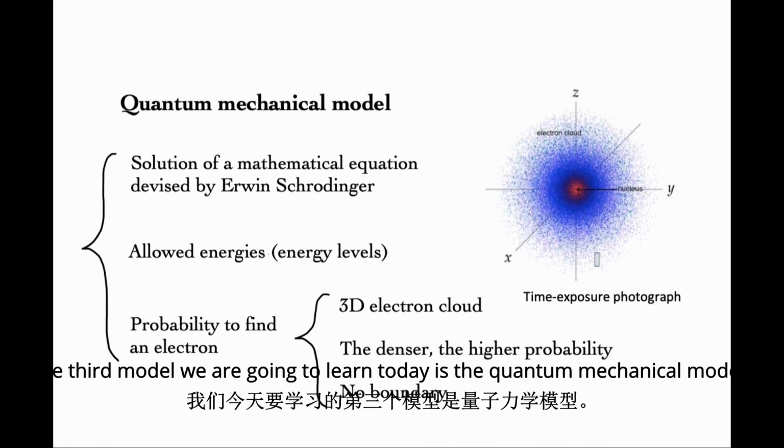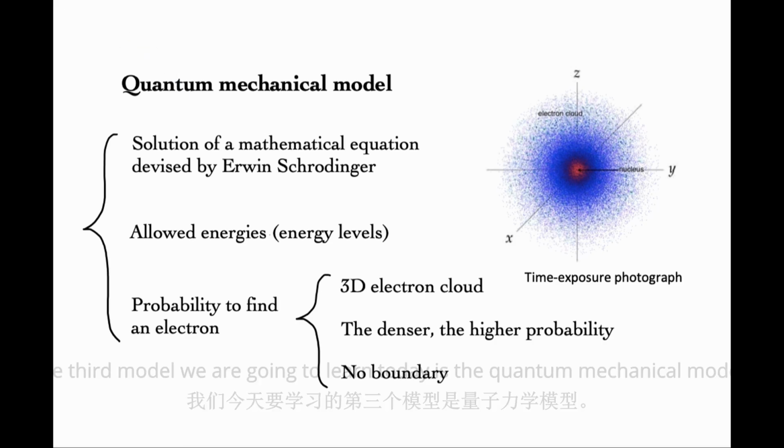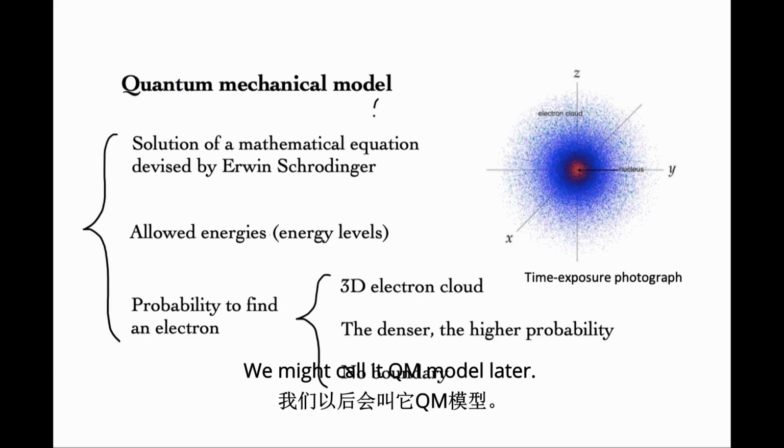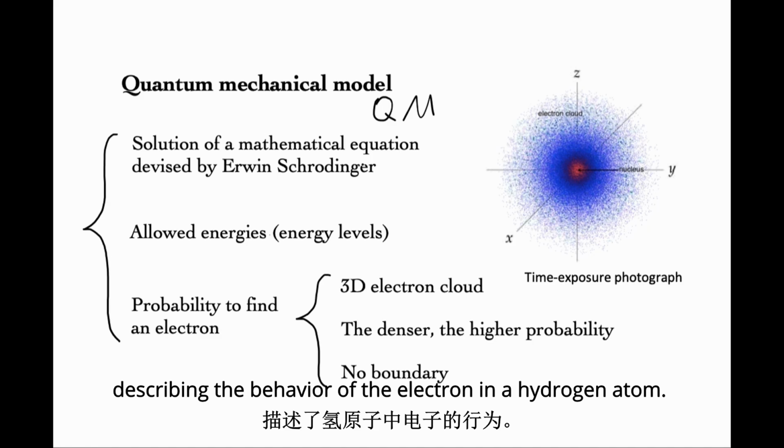The third model we are going to learn today is the quantum mechanical model. We might call it the QCM model later. This model is the solution of a mathematical equation devised by Austrian physicist Erwin Schrödinger, describing the behavior of the electron in a hydrogen atom.